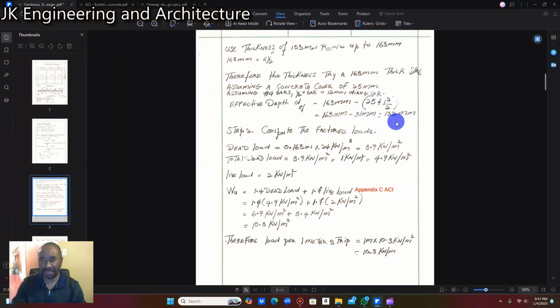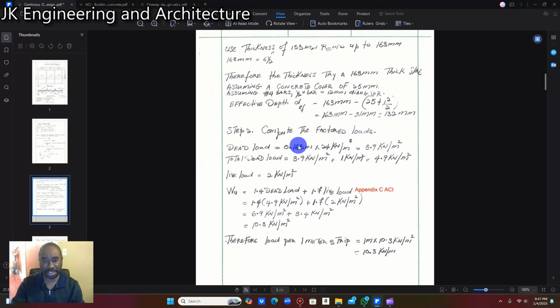Therefore, having completed the effective depth of the slab to be 132 millimeter, we can now move to step number 2, where we compute the factored loads. For our dead load, it is going to be 0.163 meter times 24 kilonewtons per meter cube.